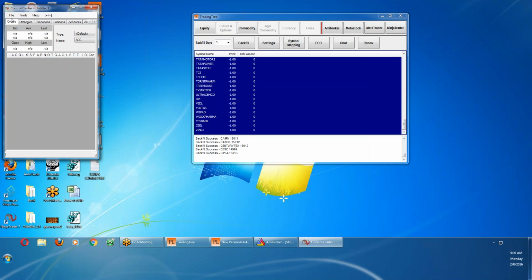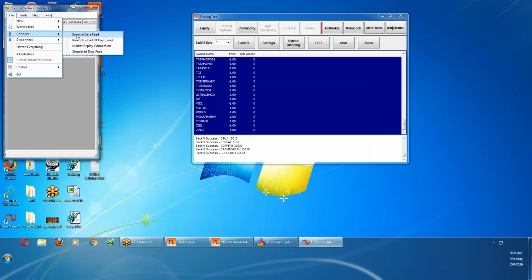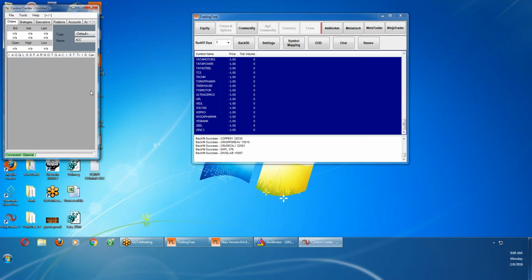What you'll have to do first is go to NinjaTrader, click on File, and then click on this external data feed. What it actually does is connect your data server to NinjaTrader, and we'll be getting the data feed on the charts.